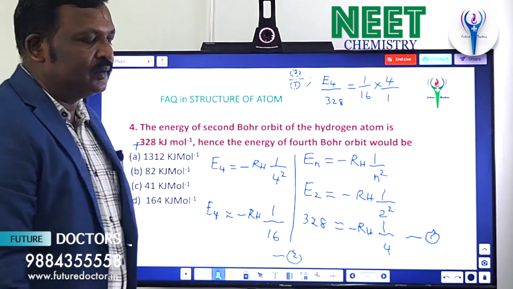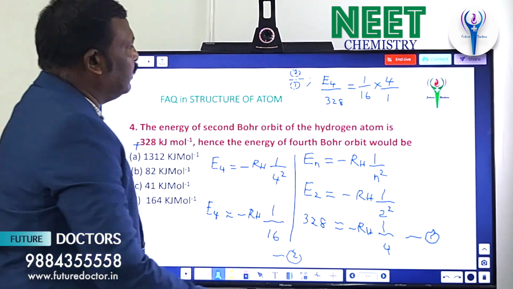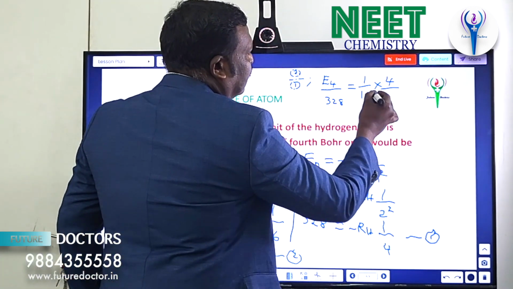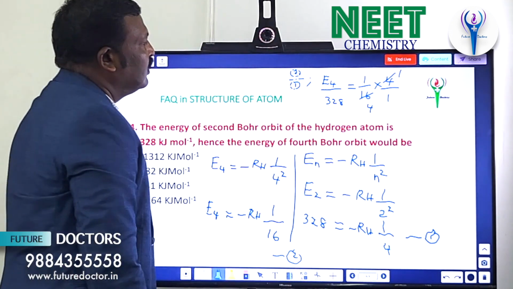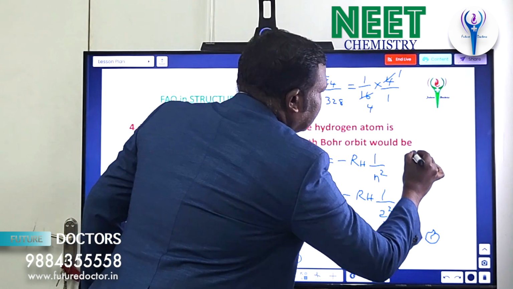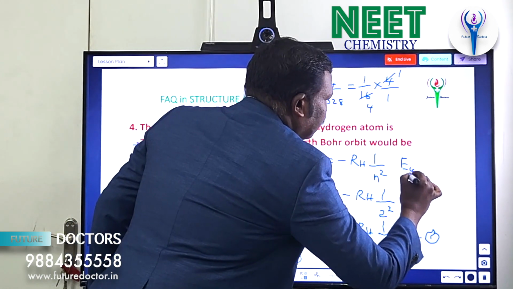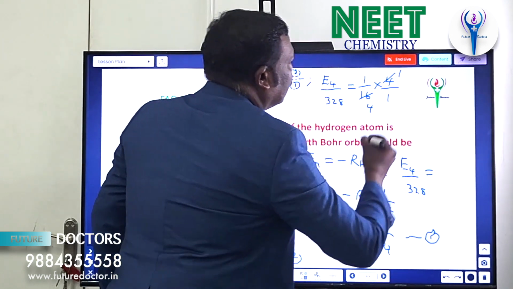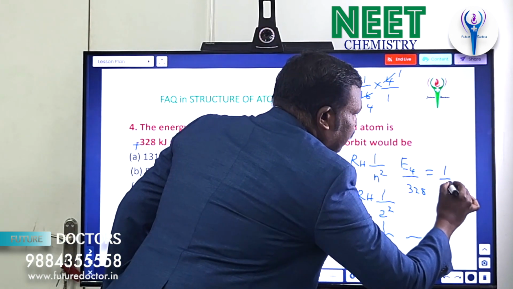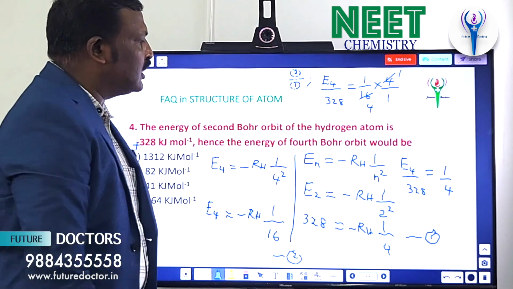Can you write like this? Understood? Now, if you simplify, it will be 4 times, and this will be 1 times. Now I'll write it here: E4 by 328 is equal to 1 by 4. Understood? You just cross multiply.